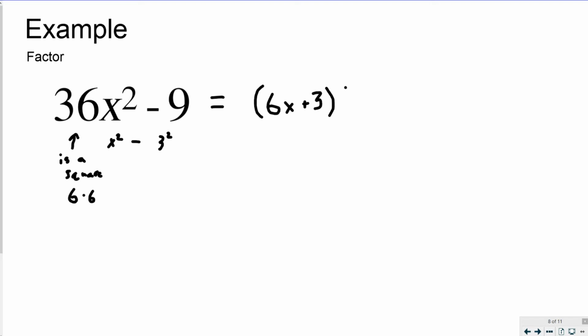And then in the second one, again, it's going to be 6x because the square root of 36 is 6. The square root of x squared is x. And then it's going to be negative 3 in the parentheses. So that takes care of the more complicated example.